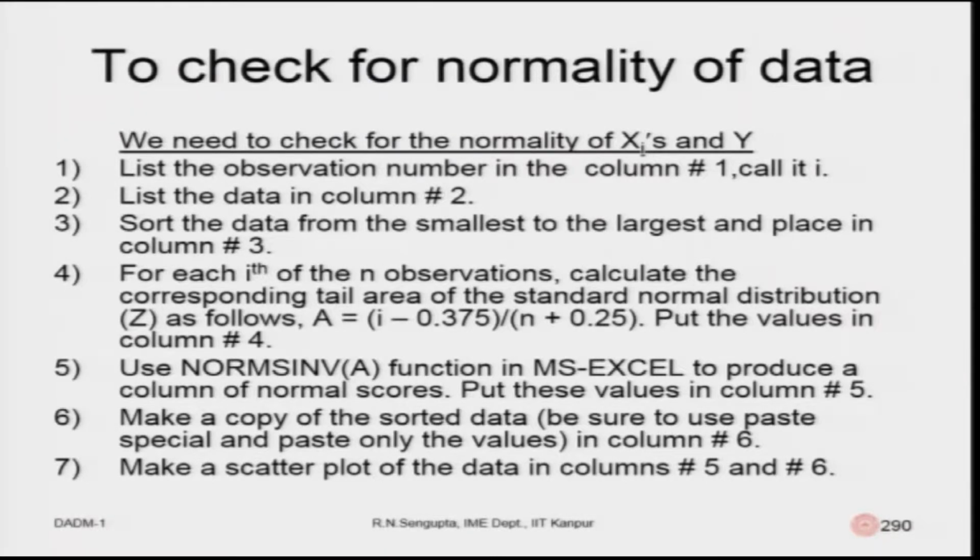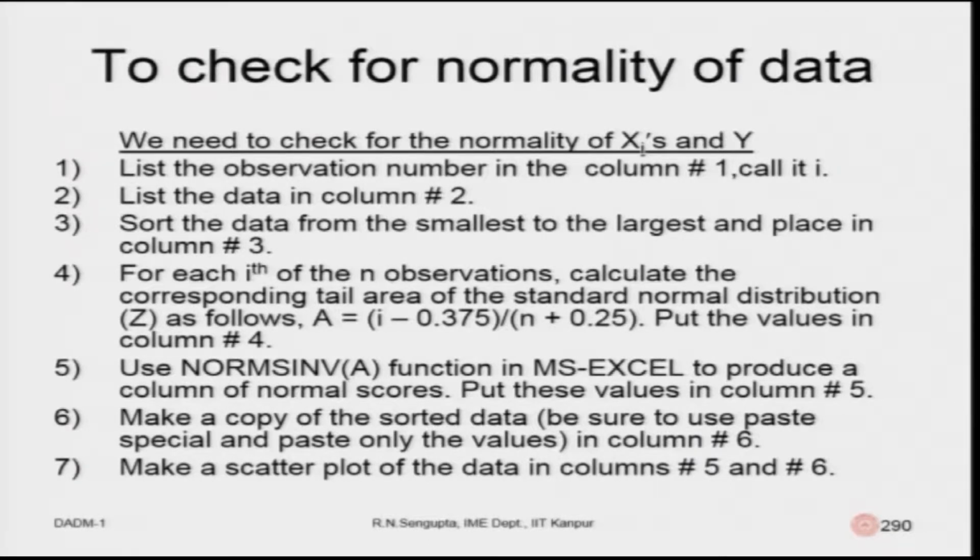Now, for each I, on the first column of observations, we find the corresponding tail area of the standard normal distribution using the formula A = (I - 0.375) / (n + 0.25), and then you use the NORMSINV function of A to find the values in column 5.